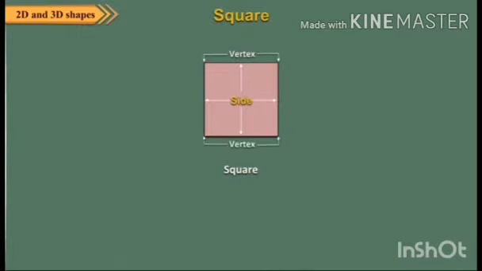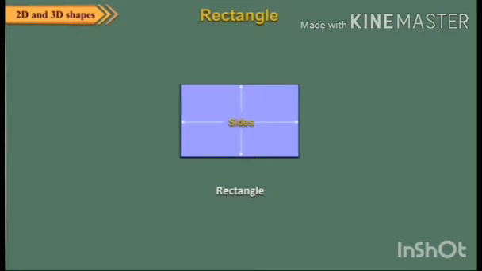Now here see the square, that is a 2D shape. Here it shows four sides: 1, 2, 3 and 4. The number of sides of a square, which is a plane surface, is 4. The number of vertices is also 4, and all sides are equal to each other.